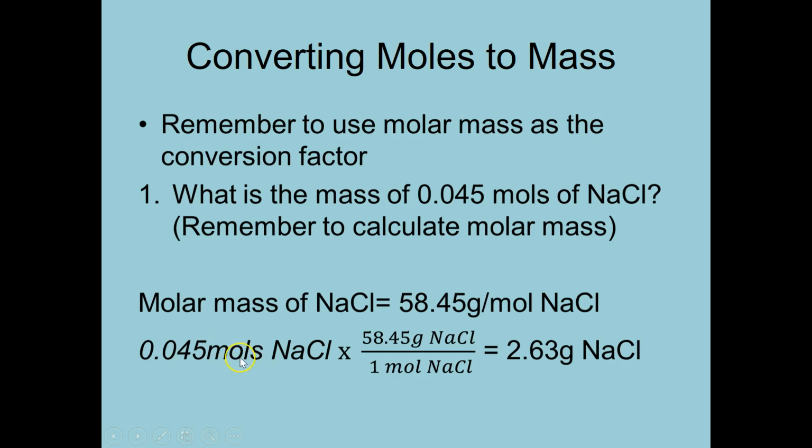So if moles are on the top over here, we need them on the bottom over here. Meaning we put our molar mass, 58.45, up on the top. And then we just multiply across the top to get 0.63 grams of sodium chloride. Pretty straightforward. This is just like easy dimensional analysis, which we already did first semester and reviewed here.